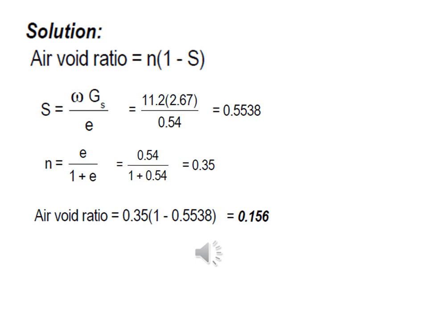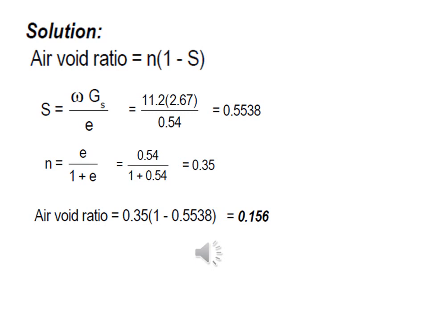For the formula of degree of saturation, we have the moisture content multiplied by specific gravity divided by the void ratio. So computing that, given the values 11.2% moisture content and specific gravity divided by the void ratio, we get 0.5538.